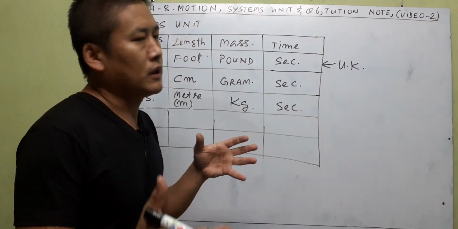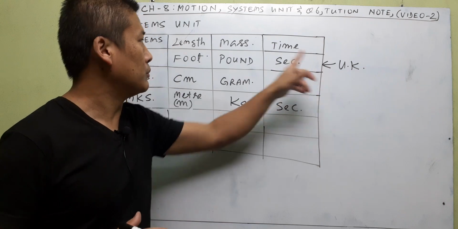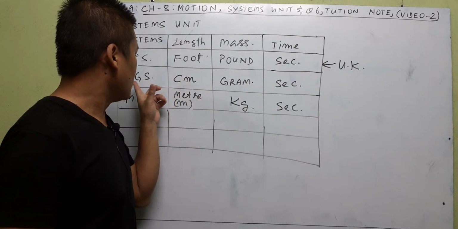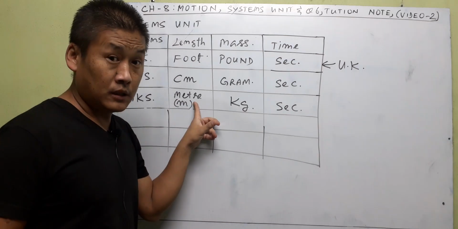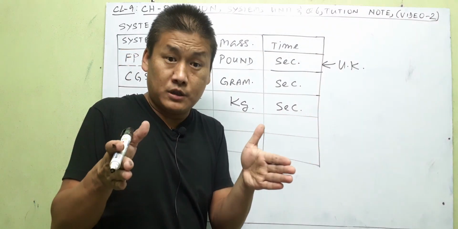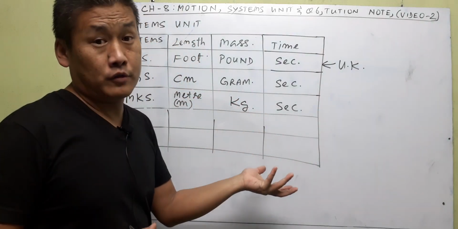Then they wanted to exchange knowledge with each other. The scientist from the UK would be using foot as his length unit, and the scientist from India, let us say, is using meter. So 1 meter is around this much, we know that, right? And 1 foot may be around this much. Because they were different systems, confusion arose, right?